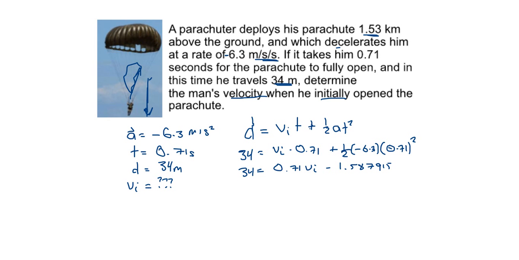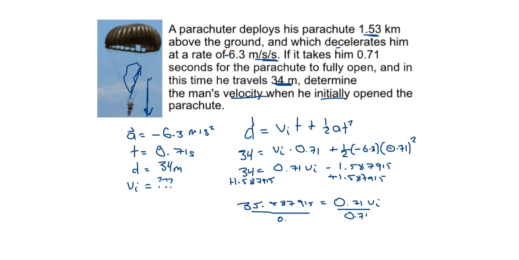And then I'm going to add 1.587915 to both sides, which gives me 35.587915. And yes, it is important to keep all those digits. Do not round until you are done. Super important. And then for the last step, divide by 0.71.